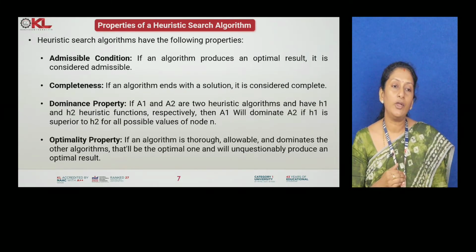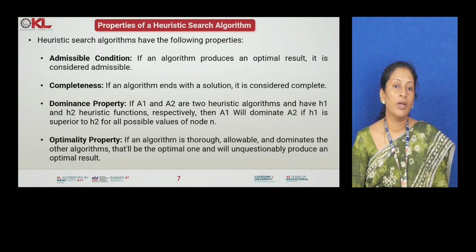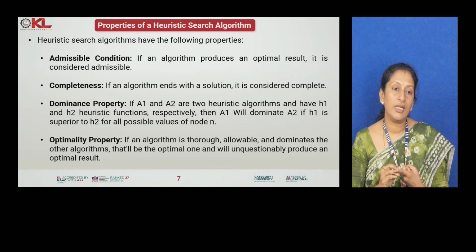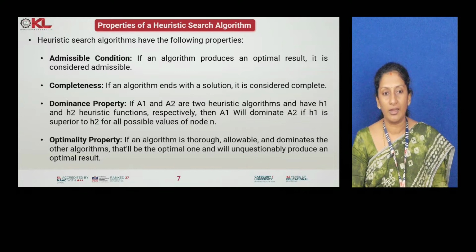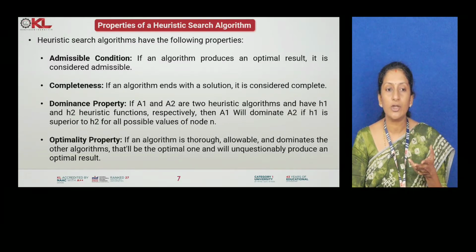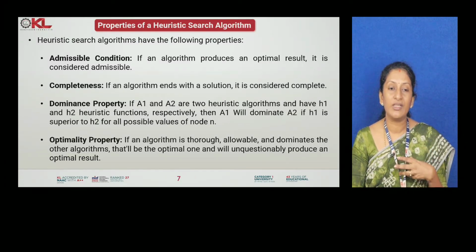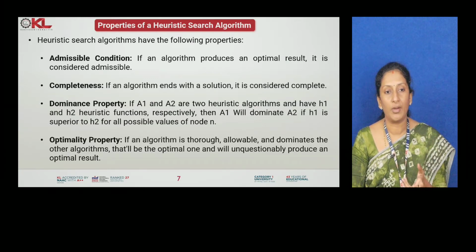And coming to optimality property, if an algorithm is thorough, allowable and dominates other algorithms, then it is optimal. That means we say that the algorithm which is using a heuristic function is optimal.